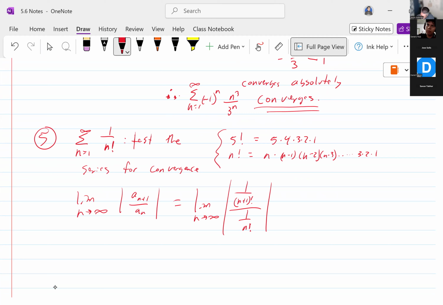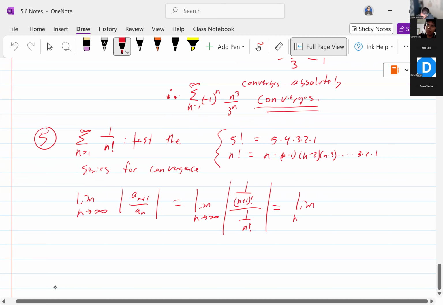So this becomes the limit as n goes to infinity of, flipping and multiplying, n factorial over n plus 1 factorial.